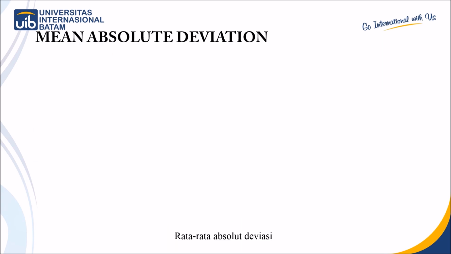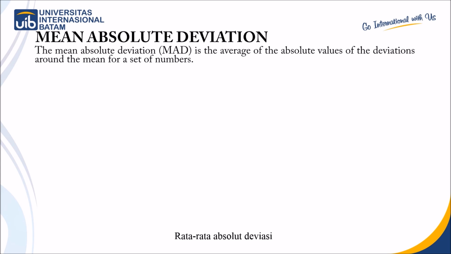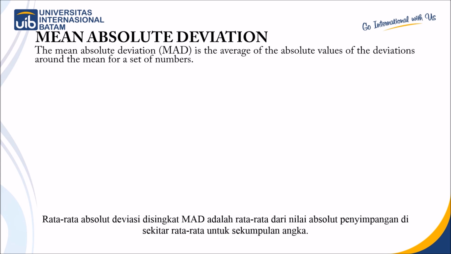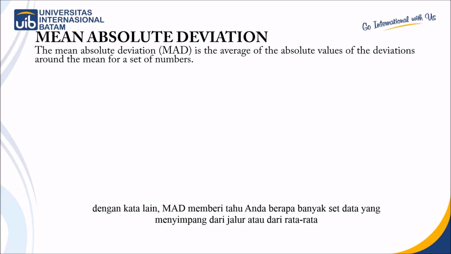Mean absolute deviation. The mean absolute deviation, acronym MAD, is the average of the absolute values of the deviations around the mean for a set of numbers. In other words, the MAD tells you how much the data set deviates from the average.